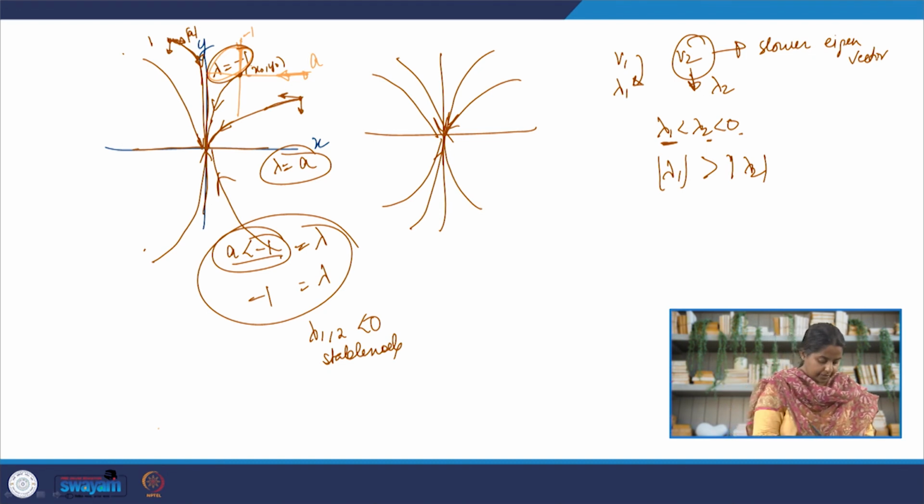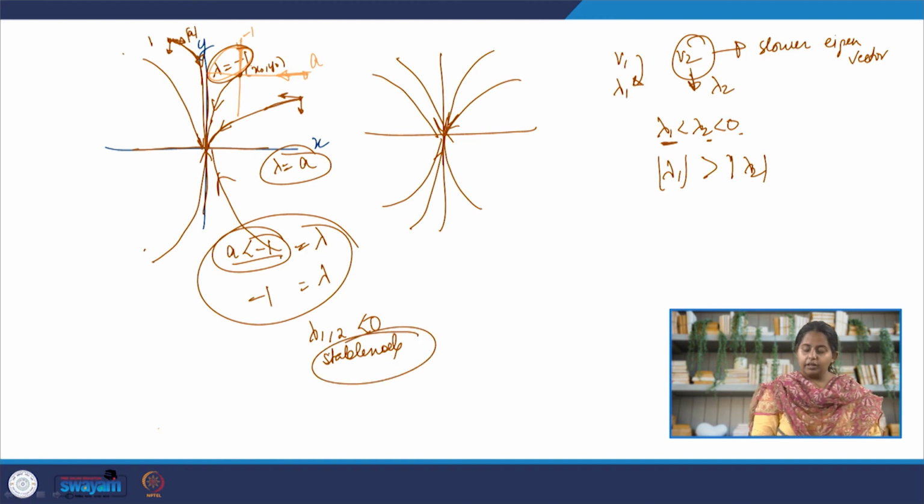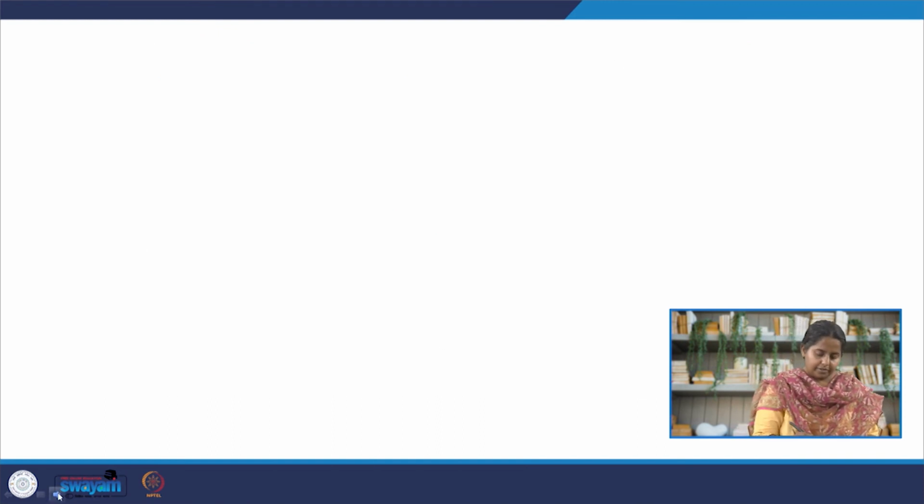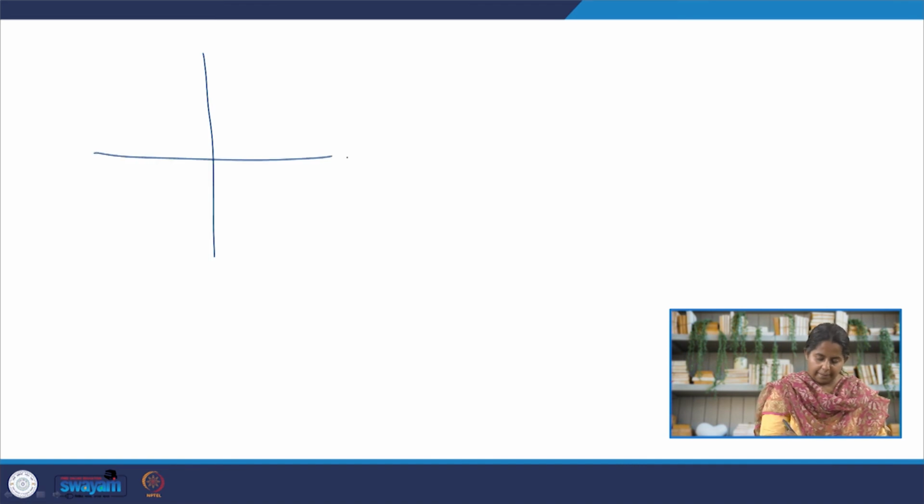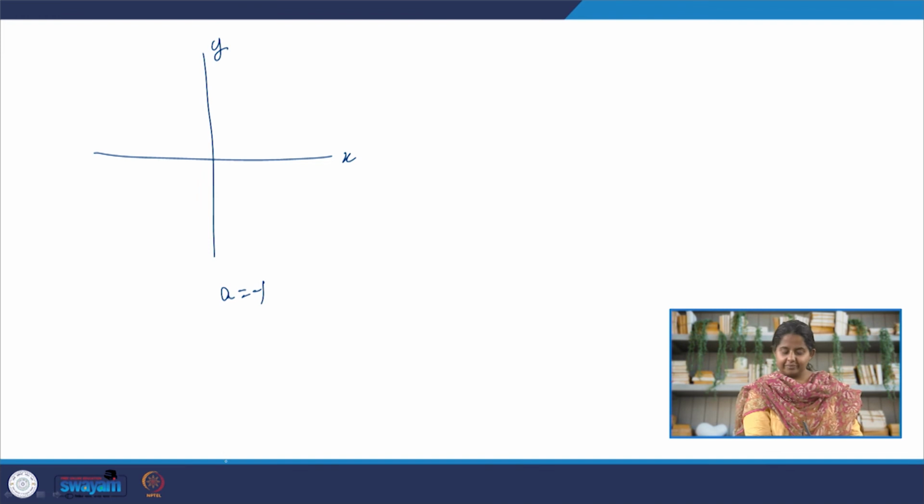Okay, let us take another example now. So, this is a case of a stable node, and the trajectories are getting tangential to the slower eigenvector as they approach the fixed point. Now, what happens when a is equal to -1? The flow in this direction is governed by lambda equal to -1. The flow in this direction is also governed by lambda equal to -1, right.